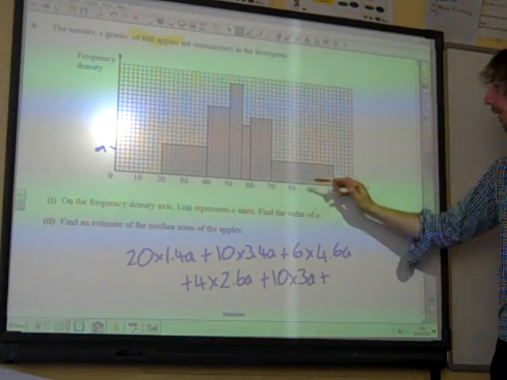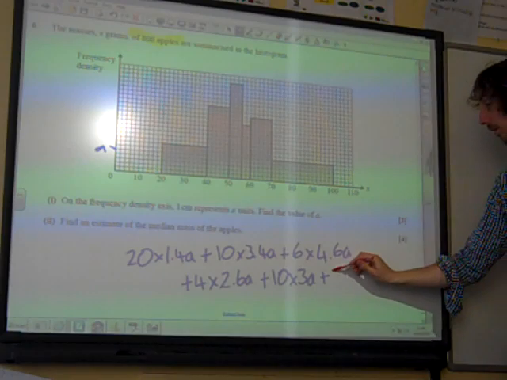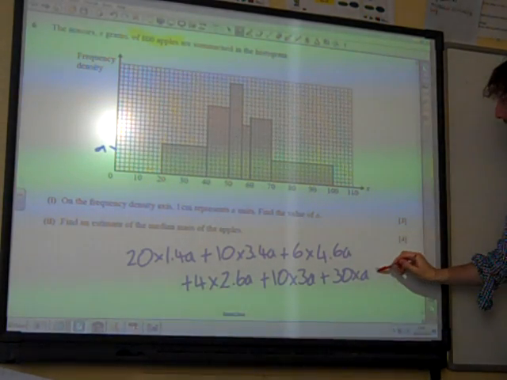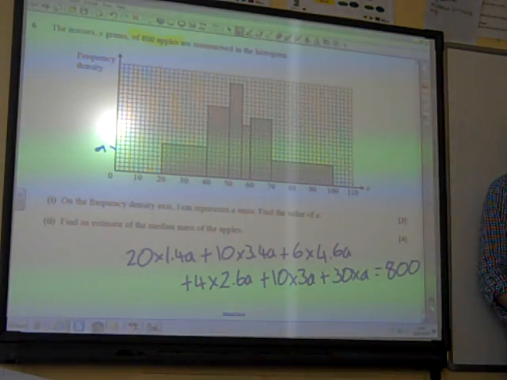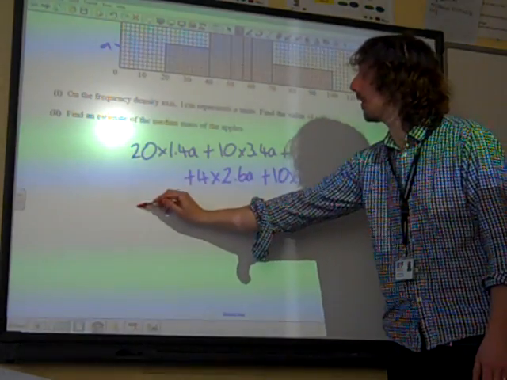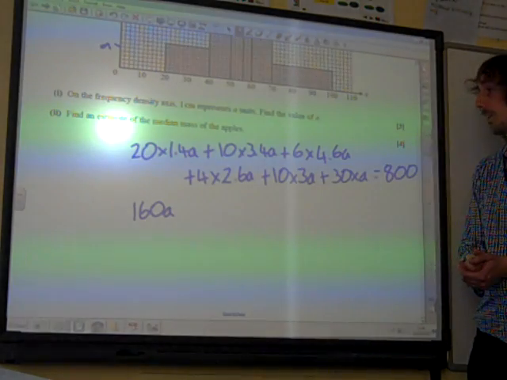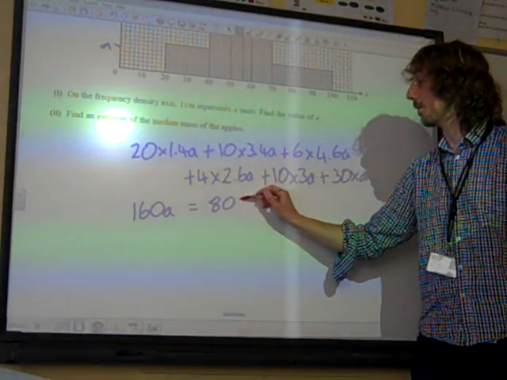And then the final one has a height of 1 and a width of 30. So that's 30 times A. All of that has to equal 800. And that's the key to this. So if we carefully work this out, this comes out as being 160 times A. All of that lot there, 20 times 1.4 plus 10 times 3.4 and so on, is equal to 800.